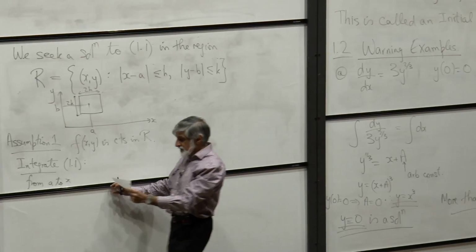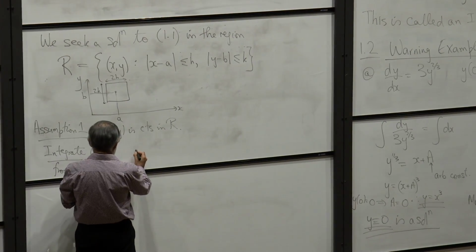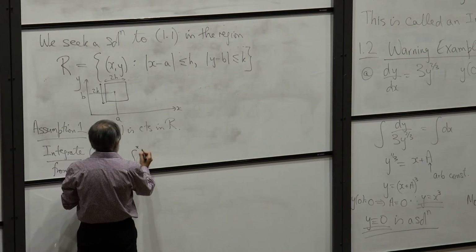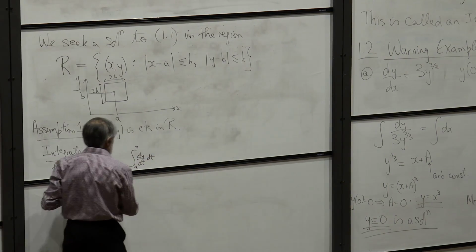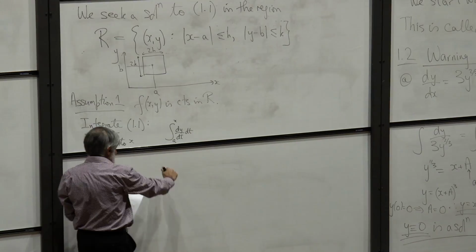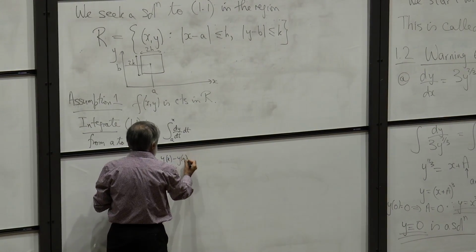Using t as a dummy variable, integrating from a to x, dy by dt is going to give us y of x minus y of a.